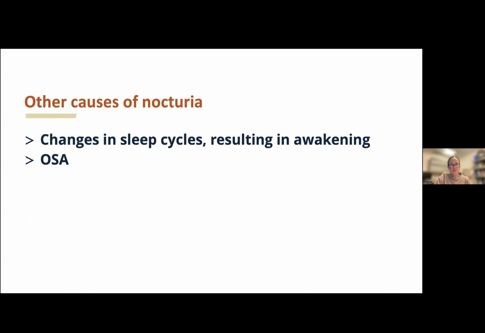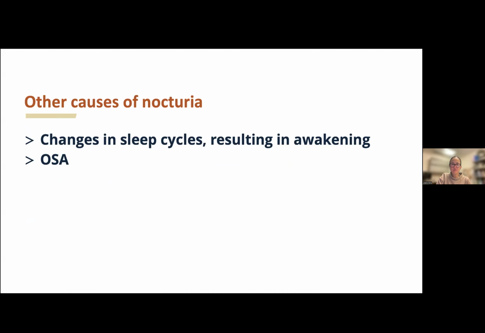Other causes of nocturia in the older adult are not related to increased urine production. There are changes to the sleep cycles in older adults, and sleep is definitely lighter. And so there are more awakenings.